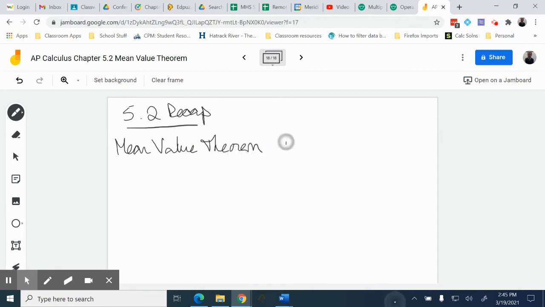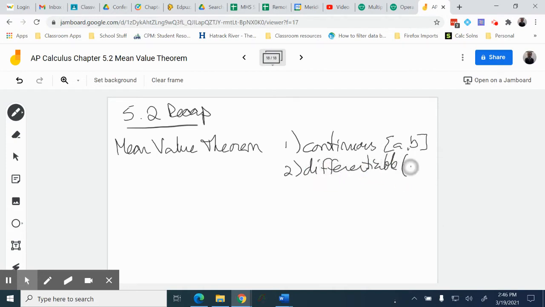Thing one, it must be a continuous function in the closed interval. Thing two, it must be differentiable in the open interval.